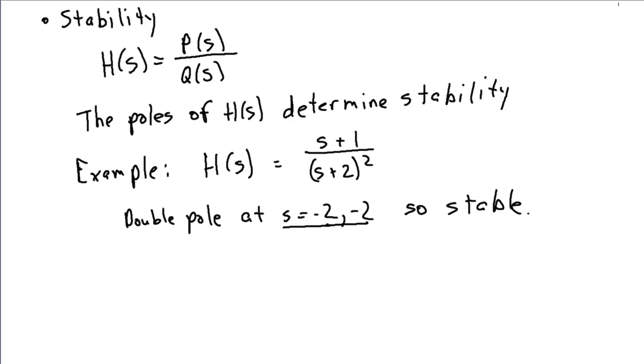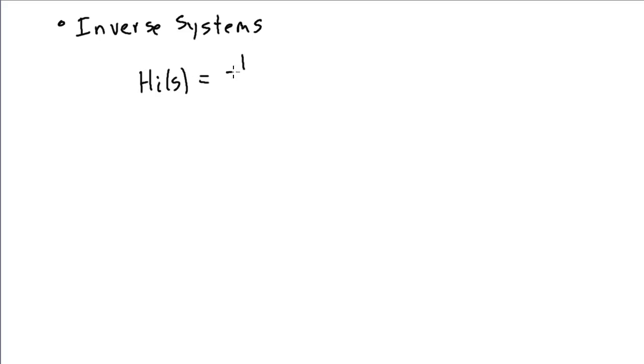Let's revisit a topic we haven't looked at in a while, and that's inverse systems. The inverse system of a system with transfer function H(s) has transfer function equal to the reciprocal of H(s).